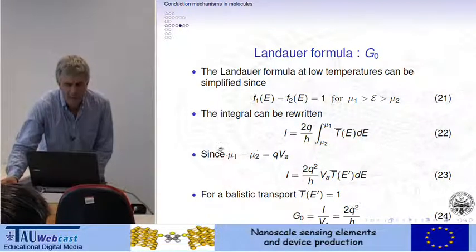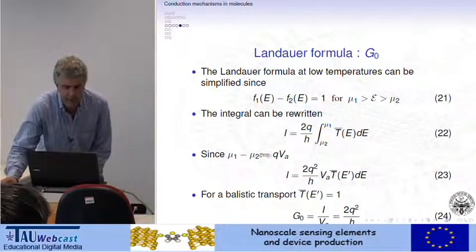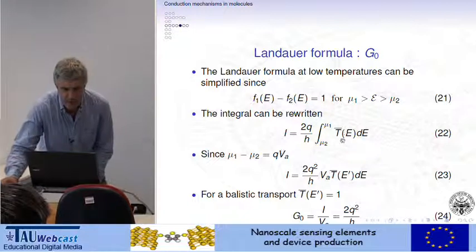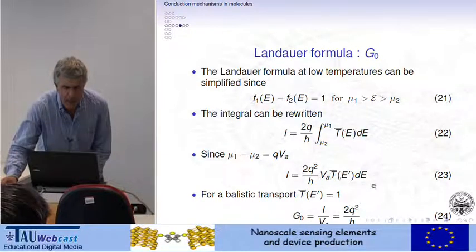But we know that the difference between the two Fermi levels is exactly equal to the external voltage applied to the system. So what we can do is to consider the average value of the transmission probability at the energy E prime, and we can rewrite the integral in approximated form in this way: 2q square over h, V, times T evaluated at a medium point as average.